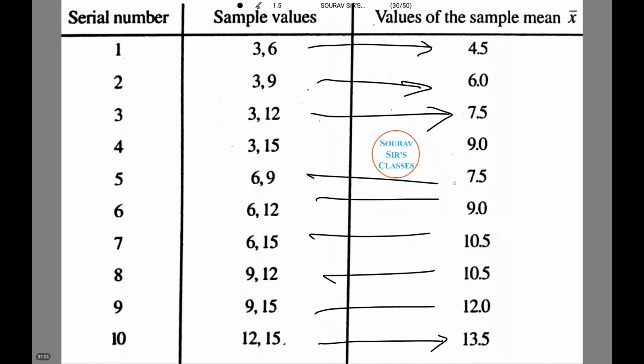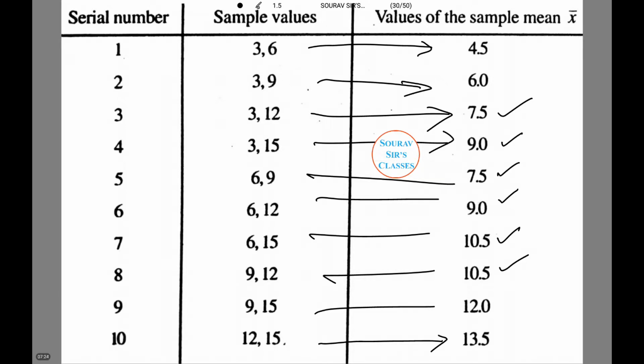All the processes have been done in the same manner. We see that we have only 2 9s and 2 7.5s and 2 10.5s. For others, the probability is 1 out of 10.